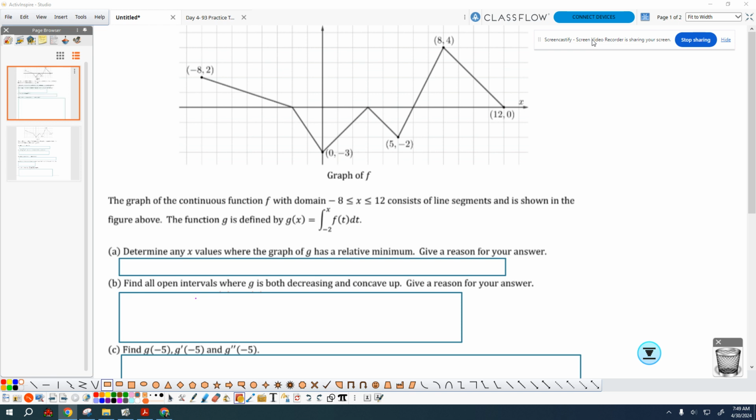I have no idea because it looks close to the, I mean, yeah, it looks like -2 to -2 is 0.